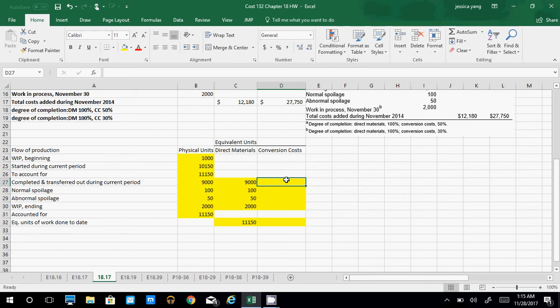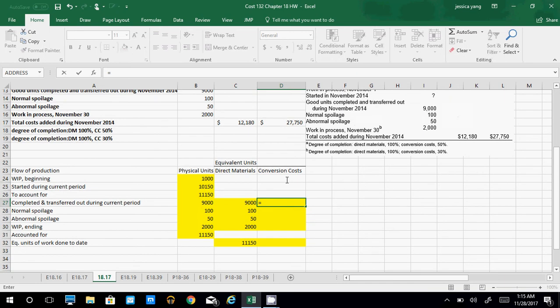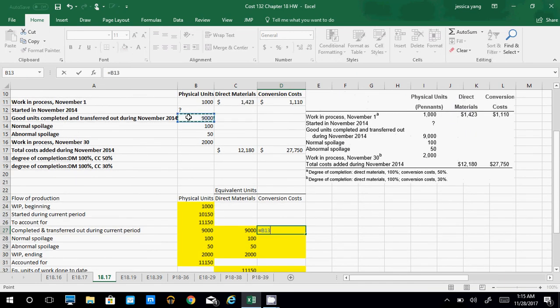To find equivalent units for conversion, I would take 9,000 physical units in good units completed and transferred out during November 2014, multiply by 100%, which gives me a total of 9,000 equivalent units in conversion cost.